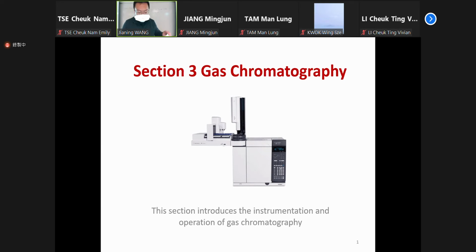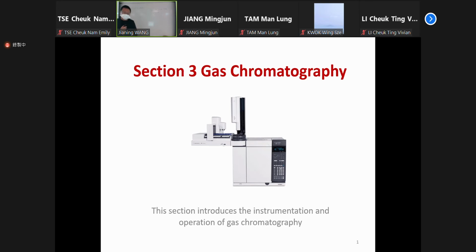So part 1 and part 2 talk about the general principles. Those principles apply both to gas chromatography and liquid chromatography.